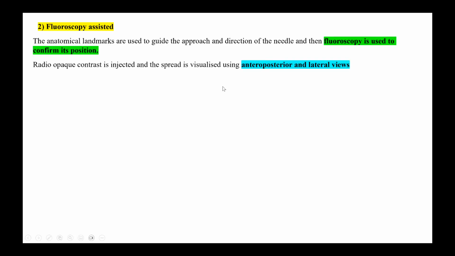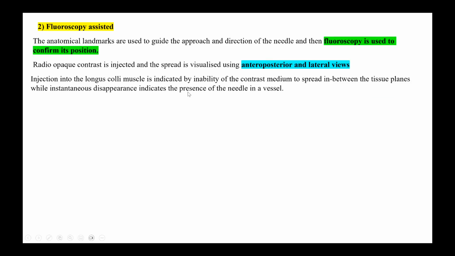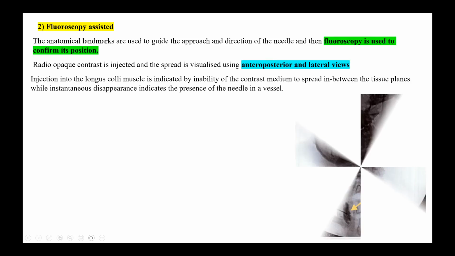Then the second technique is the fluoroscopic technique, which is outdated now. Earlier we used to do that using the C-arm, which is used mainly by orthopedic surgeons. You can use a radiographic contrast to see the spread and then inject the drug in that location.